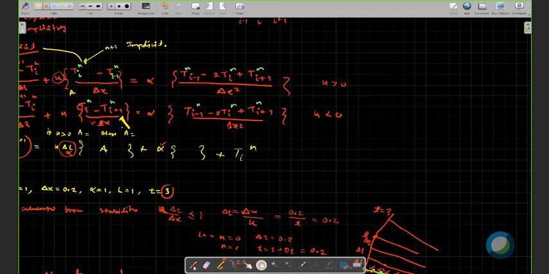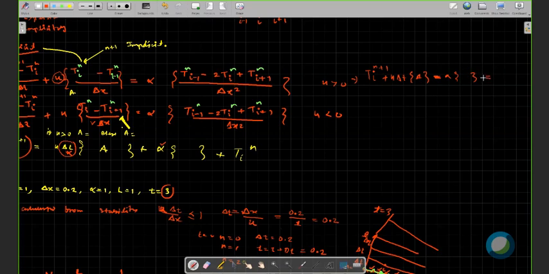So when it is implicit, you have only this known. So for this particular case, for example, it will be T_i^(n+1), which is already there, plus u delta t, and whatever this a is, that is also now n plus 1, not known, minus alpha, and here also, let me take it on the negative side, this also is n plus 1.